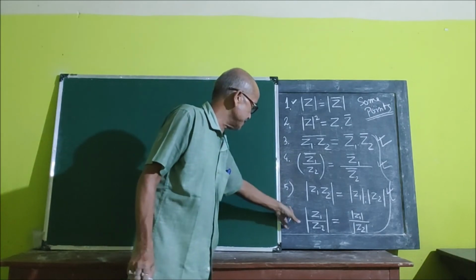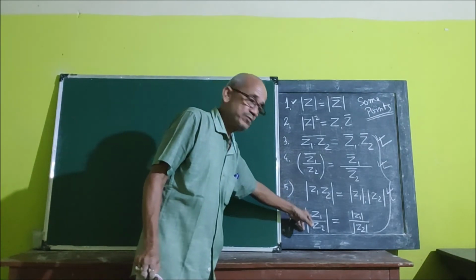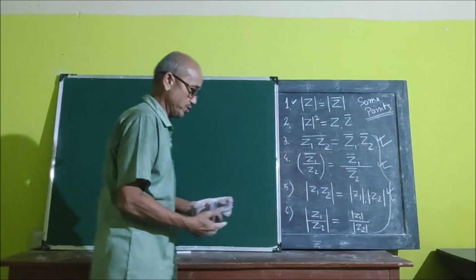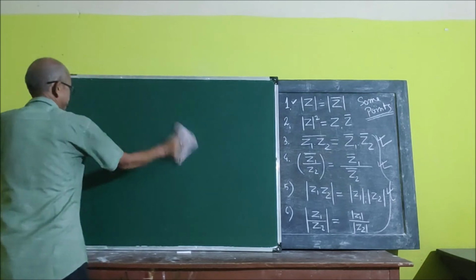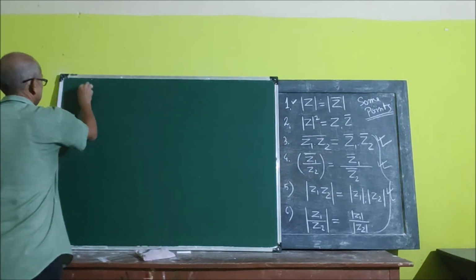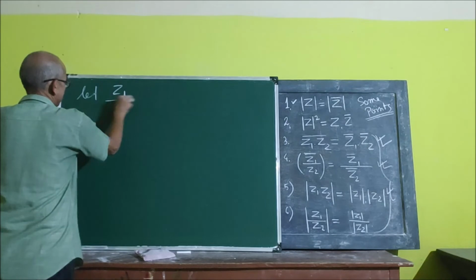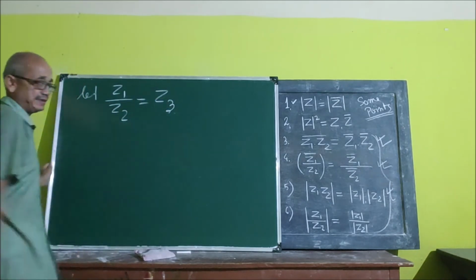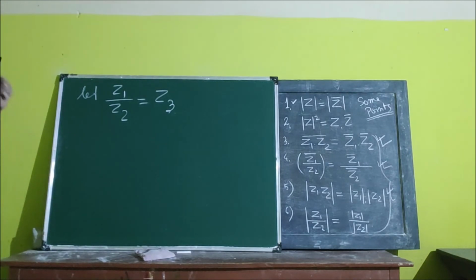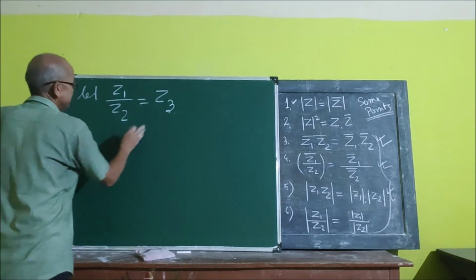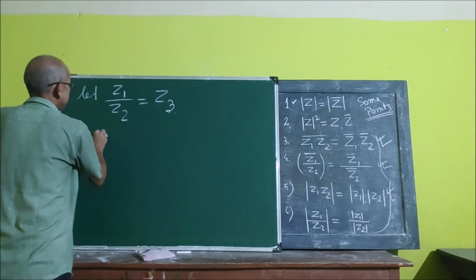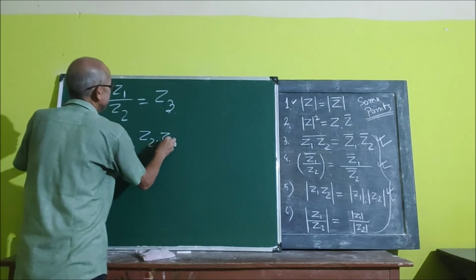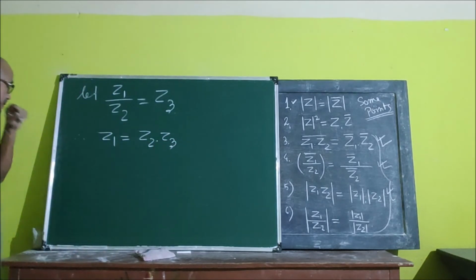Now point 6: the modulus of the quotient of two complex numbers is equal to the quotient of their moduli. Let Z1 by Z2 equal Z3. Therefore, cross multiplying, Z1 equals Z2 times Z3.